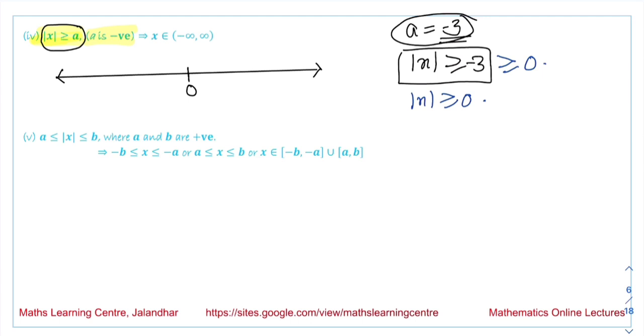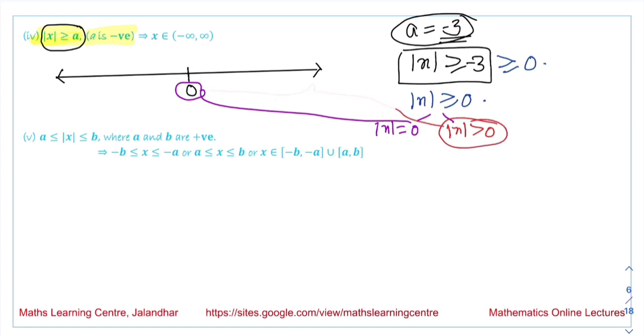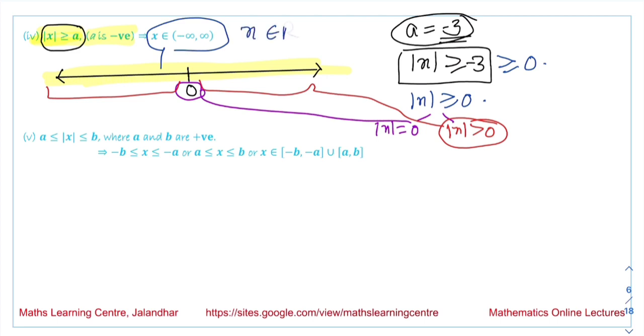The point whose distance from the origin is equal to 0 is this point 0, and the points whose distance from the origin is greater than 0 are all the points on both sides of this. So it is the complete number line we are talking about, which means x belongs to minus infinity to infinity, or x belongs to R.